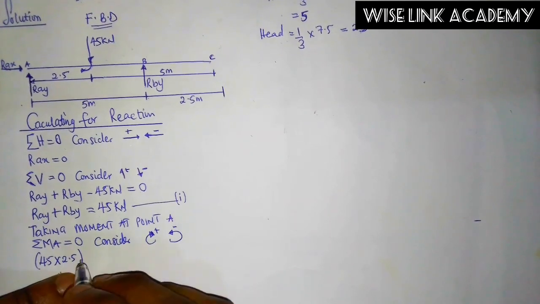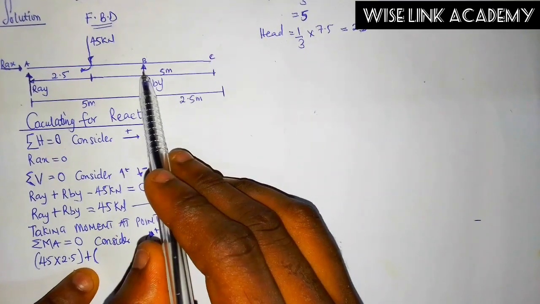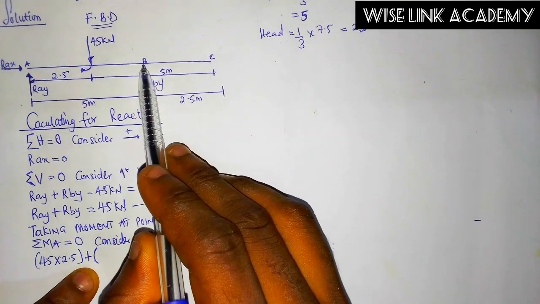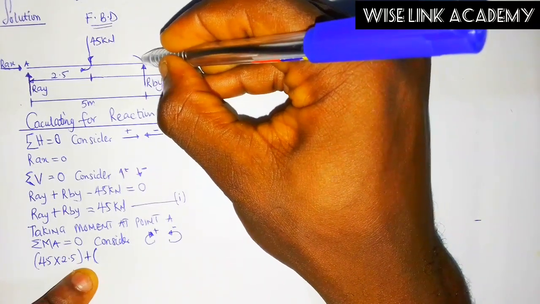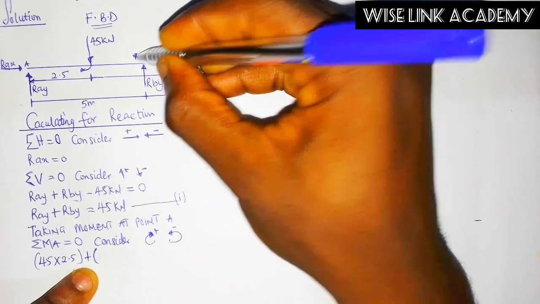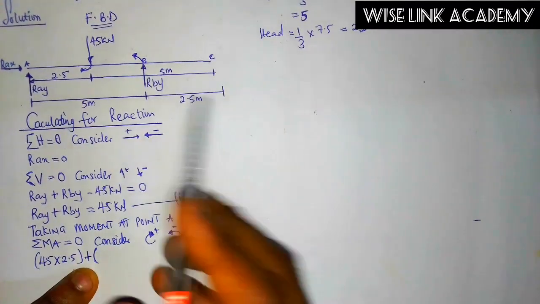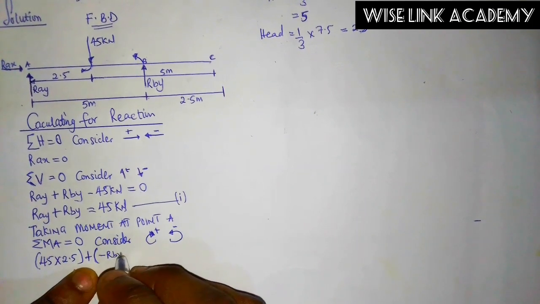So plus open bracket. The next thing is this reaction here, RBY, needs to look at what is happening here, and the easiest way for it to move is to take a shortcut like this, isn't it? So it is moving in an anti-clockwise direction. So that is minus RBY times the distance it has covered.